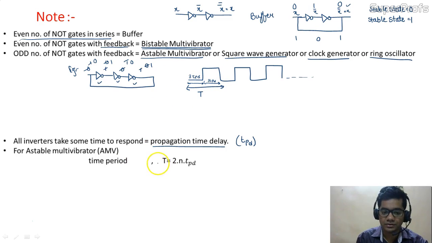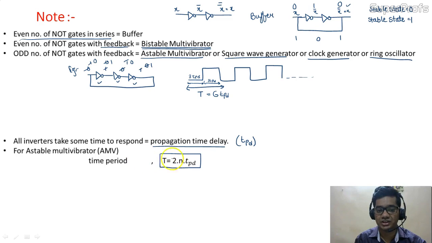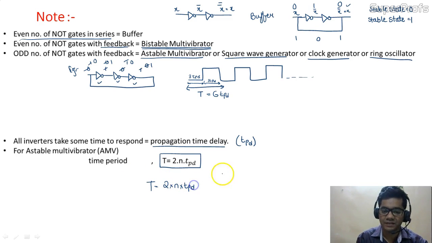Therefore the time period for three NOT gates will be T equals 6 TPD, or in a general way, T equals 2 into N into TPD, where N stands for the number of NOT gates.